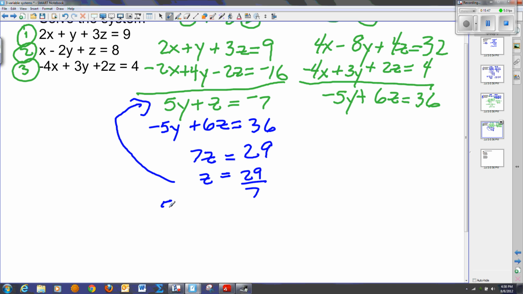I have 5y plus 29 over 7 is equal to, I'm going to change this negative 7 into sevenths, so that's negative 49 over 7. 5y is equal to negative 78 over 7, and it just continues to get worse.